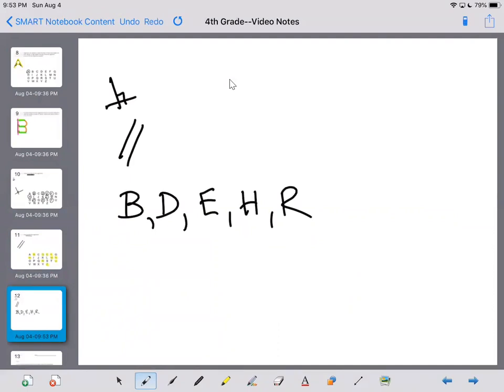So that is a task that allows the students to hone in on the lines, the line segments, the angles, perpendicular and parallel lines, and being able to identify those on 2-dimensional figures. That is part of 4.G.A.1.